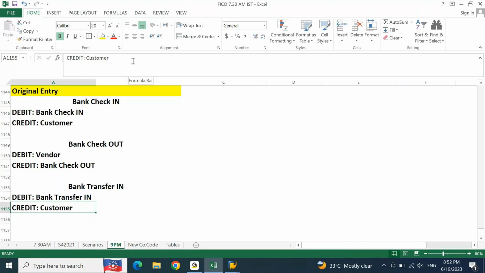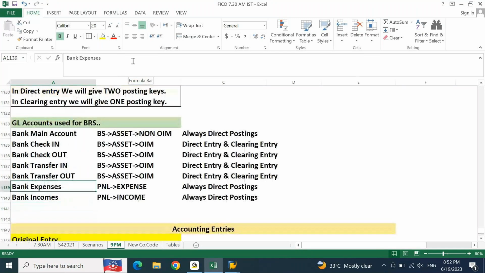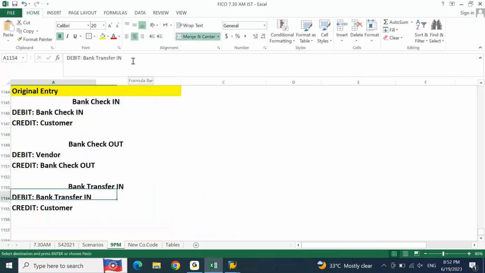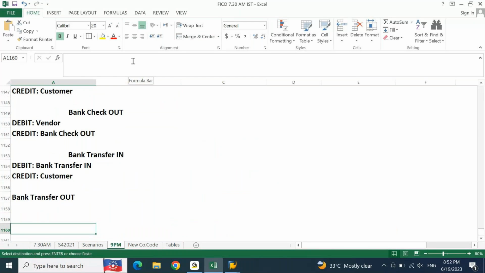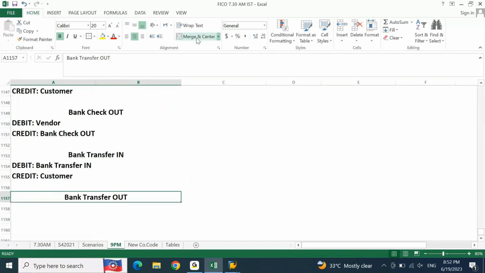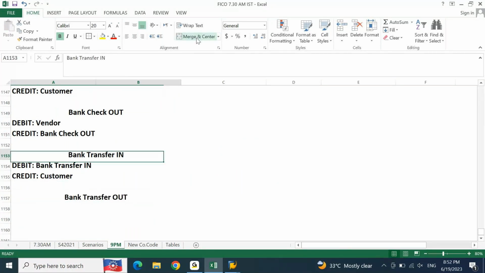Alright. Now the fourth one, bank transfer outgoing. This is also the same thing. If you understood what entry we have written for check outgoing, if you make the payment using check, same accounting entry. If you make the payment using transfer, same accounting entry. The mode of payment will determine the nature of GL account. If it is a check payment, check related GL account.